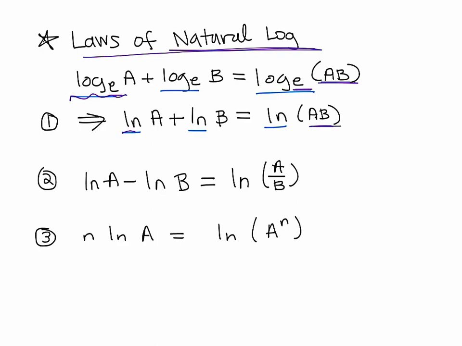Same thing: ln of a minus ln of b is equal to ln of a over b. And if we have n ln of a, this n goes in as an exponent, and make sure that it's inside the parentheses of ln. So ln of a to the n. So the laws of natural logs are really the same deal as the laws of logs.